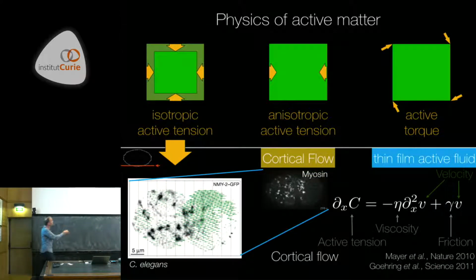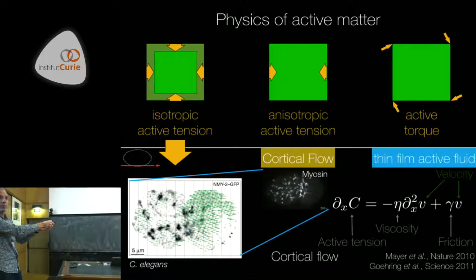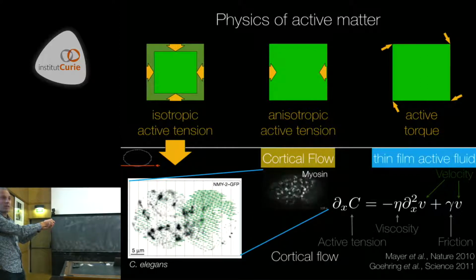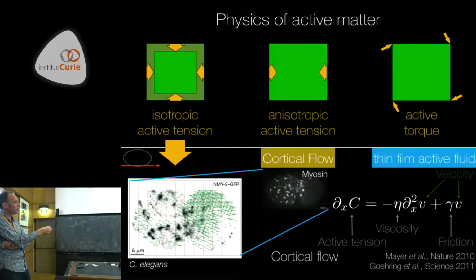This constitutive force balance equation here really tells us that gradients in active tension drive flows. Active tension is set by the concentration of myosin. We call this quantity C, and we'll get to this also. In our simplest view, this is really just a function of the local concentration of myosin.